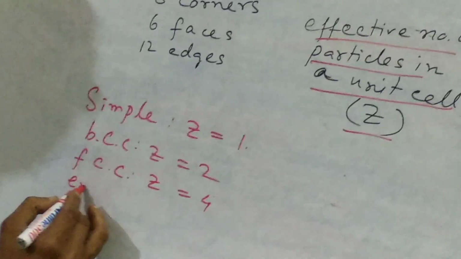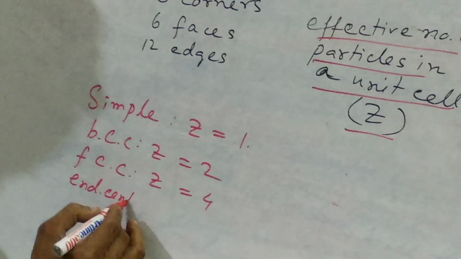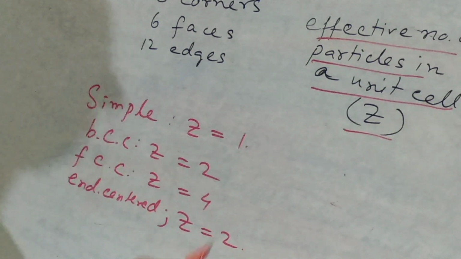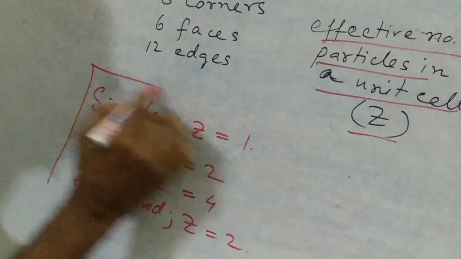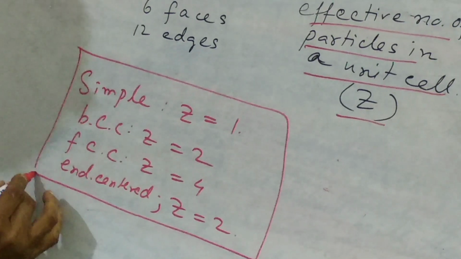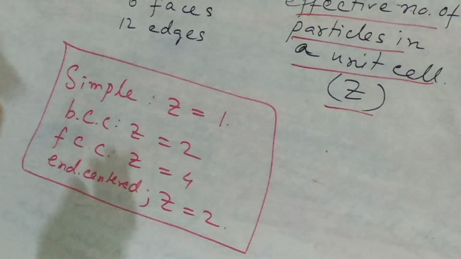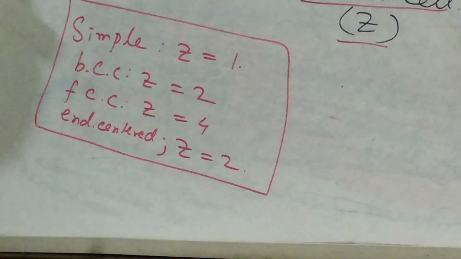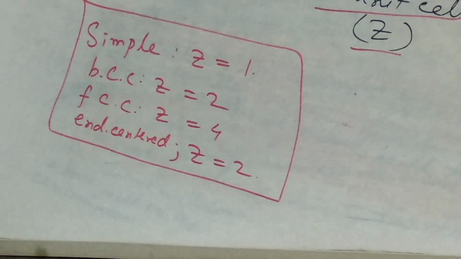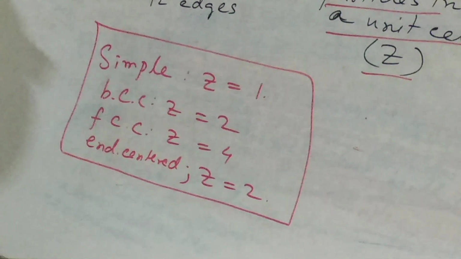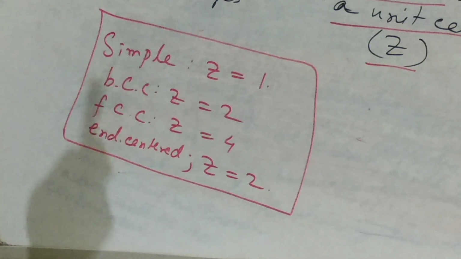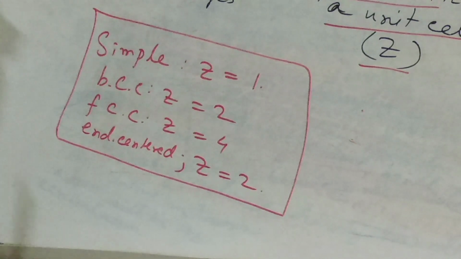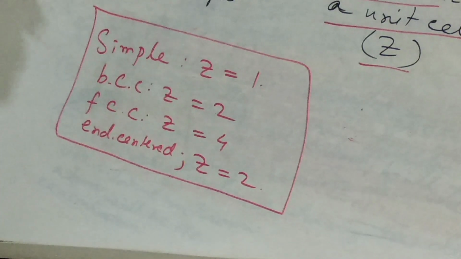And for end-centered, the effective number of particles is 2 again. So we should keep it in mind for the sake of problems that simple cubic unit cell possesses 1 effective number of particles. The effective number of particles in body-centered cubic unit cell is 2. The effective number of particles in face-centered cubic unit cell is 4. And the effective number of particles in the end-centered cubic unit cell is 2.